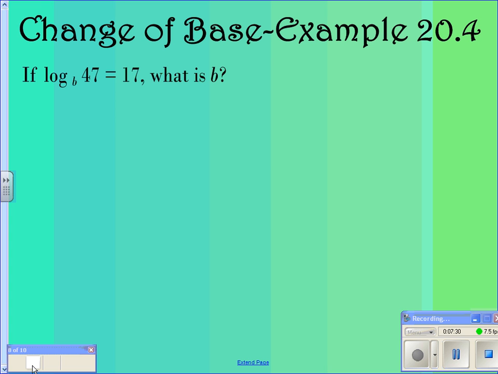All right, for this one, are we going to be able to use change base? Okay, write it how? Exponential would be what? Any ideas what you would do on this one?